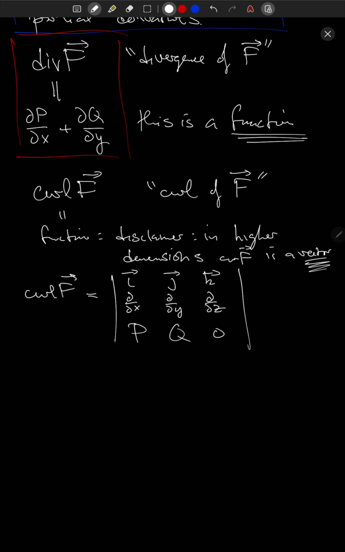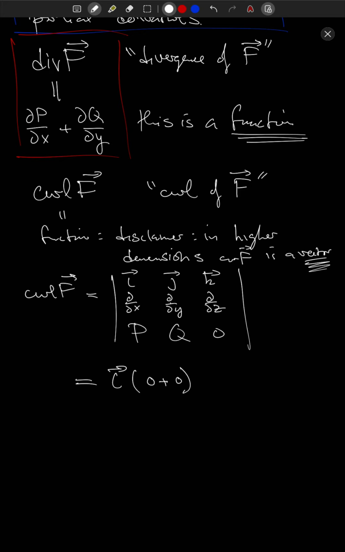We calculate this determinant, and what we get is i times d/dy of 0, which is 0, and then d/dz of Q, which is 0, because Q is actually just a function of x and y. In a way, what we're doing in this computation is extending our vector field into the z domain, just like extending a cylinder from the xy plane into space.